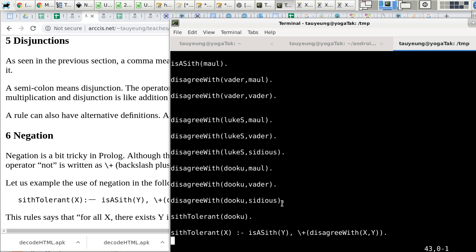And because it finds that Dooku is cis tolerant to begin with, it doesn't even bother to try the second rule. So you can override something just by stating, okay, this is true. There's no particular reason. It is just true. So you can do it that way too.